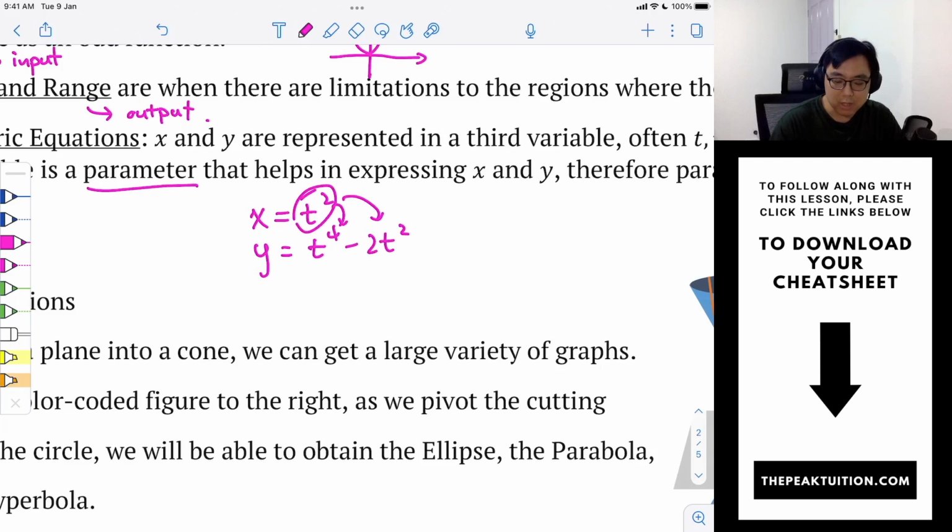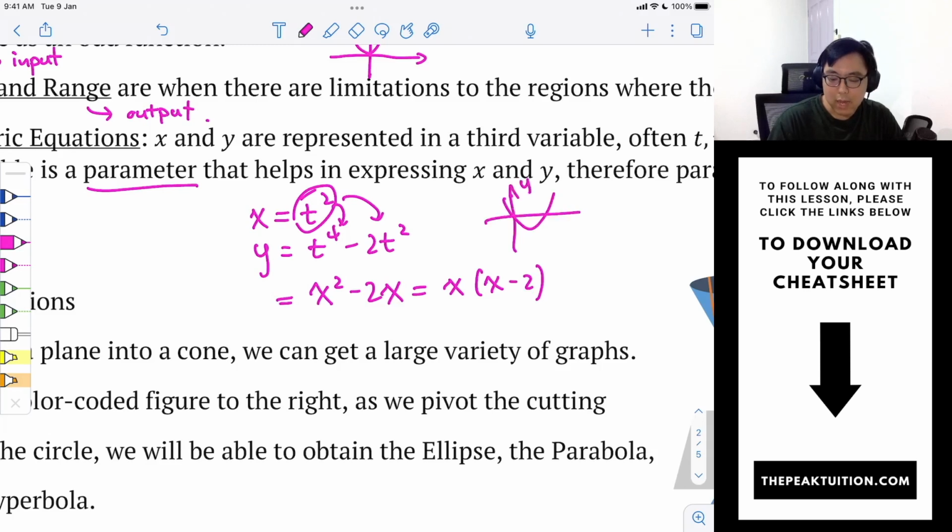Not all examples will be this simple, but because we can substitute t squared, we basically see that this is x squared minus 2x, and then this equals x minus 2, and therefore we can plot the graph like this: y and x. This is 0, this is 2, quadratic equation. Okay, so we can do substitution to find how the two are related.